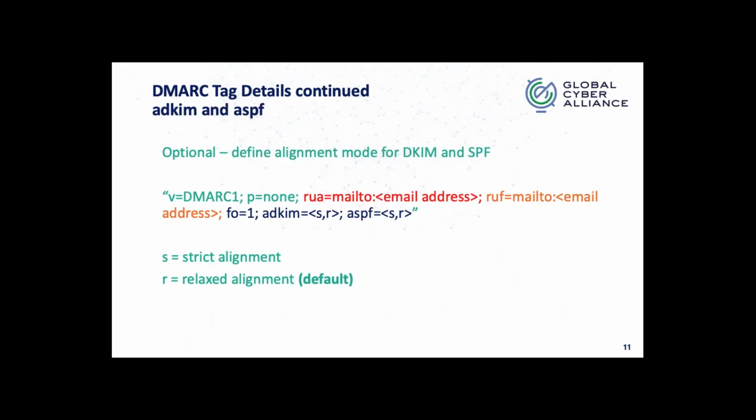The next two are ADKIM and ASPF. Both of these have to do with alignment. So as long as DKIM is aligned and SPF is aligned, right? When we talked about SPF and DKIM in week 2, we mentioned that verification and alignment are 2 different things. When SPF verification is enabled, it's checking the message to see what the envelope from domain is, not the header from, the envelope from, the return path from.